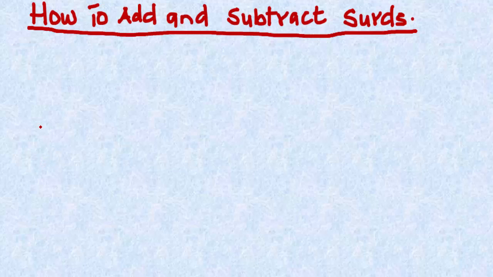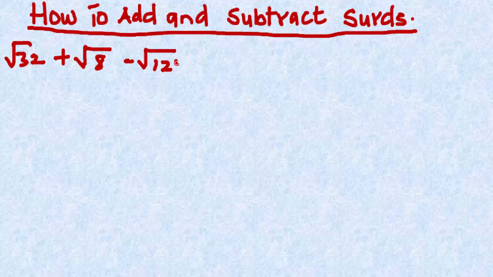For example, if you have to simplify root of 32 plus root of 8 minus root of 128. Let's quickly do this.